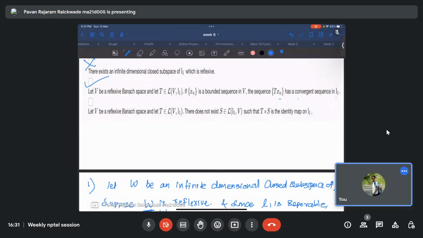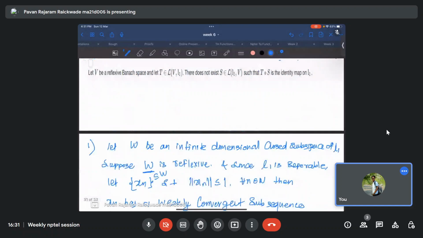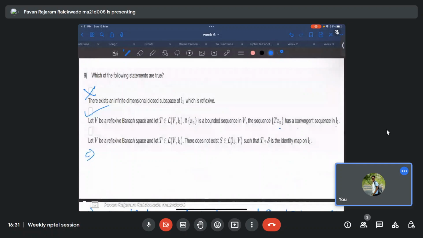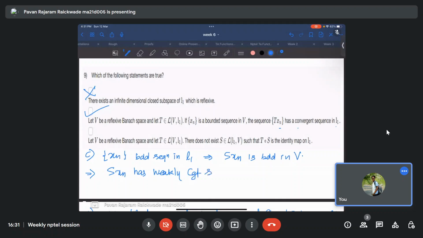For option C, let's start with some sequence Xn, a bounded sequence in L1, which implies S of Xn is bounded in V. And V reflexive Banach implies Sxn has a weakly convergent subsequence, which implies Sxnk converges weakly.